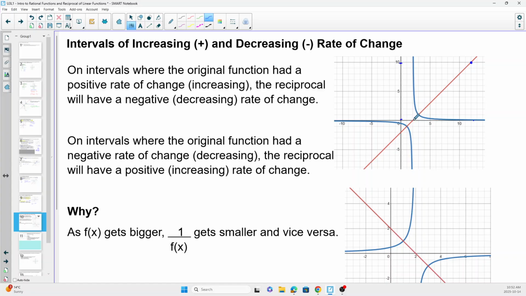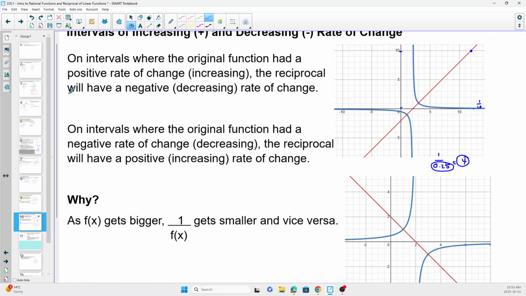When the original function is 0.25, the reciprocal is 1 over 0.25. 1 split into quarters is 4. So when the original function has small values, we get back bigger reciprocal values, which means they kind of flip places. When the original function has large values, like here would be 10, the reciprocal is going to have really, really small values, okay? And so the result is when the original function is increasing, the reciprocal is decreasing, and vice versa, okay?